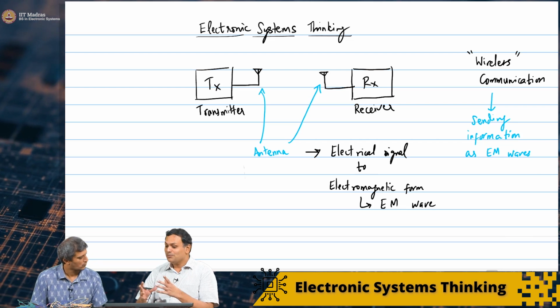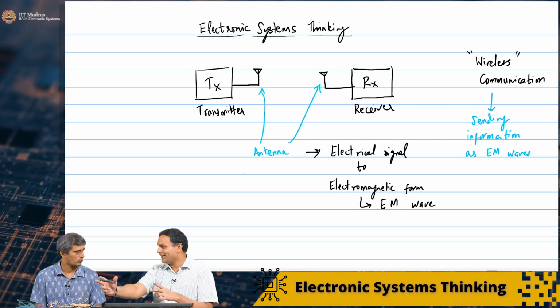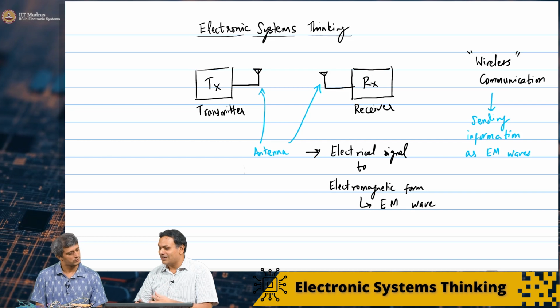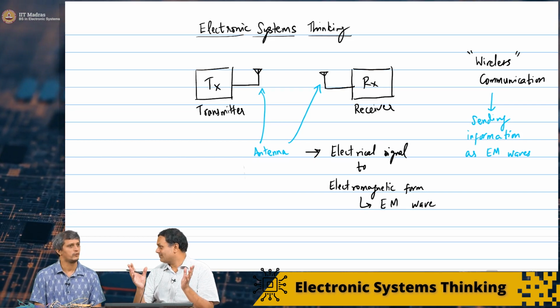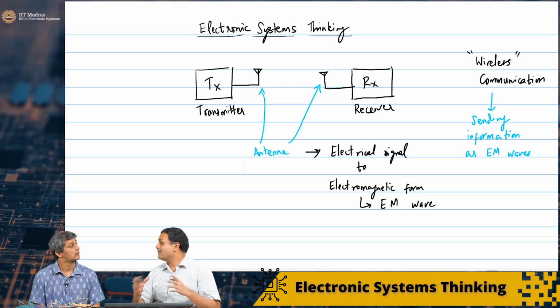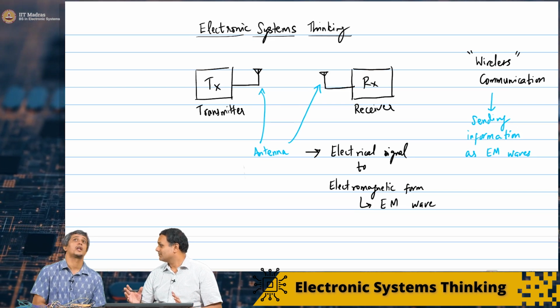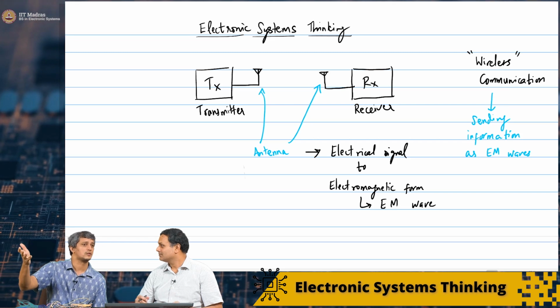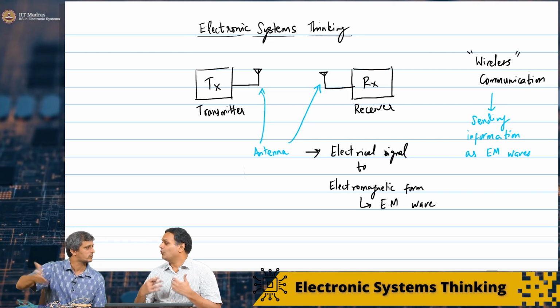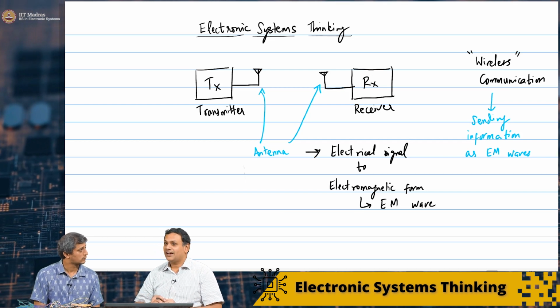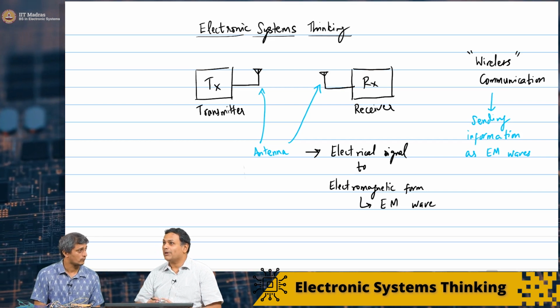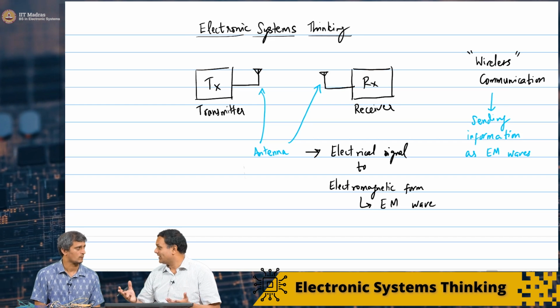Now, one big difference between wired and wireless communication is that you are sending electromagnetic waves in free space. So in fact, anybody can access that information. Right now in this room, there are a lot of electromagnetic waves at different frequencies. I can assure you of it. Today, I don't think you can go to many parts of the world where there is no electromagnetic wave.